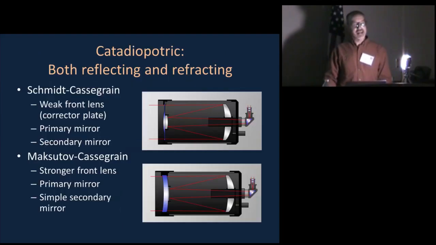All right, I mentioned catadioptric telescopes. I mentioned these partly because you see these a lot. These are those typically orange Celestron, or the blue Meade Schmidt-Cassegrains that you see out there. They have combinations of things that have pluses and minuses, but basically whether they're the Schmidt-Cassegrain or a very similar telescope, the Maksutov-Cassegrain, they have a lens in front that does some bending of the light.